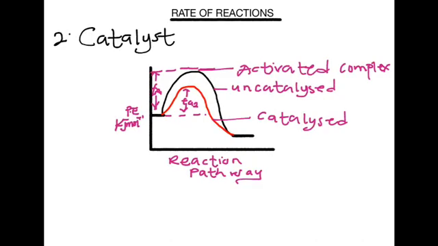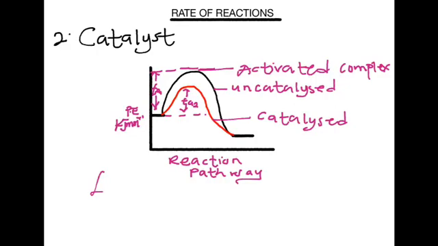With the first one, you notice that we have an activation energy of EA1 for the uncatalyzed pathway, and an activation energy of EA2 for the catalyzed pathway, which is in red. So you realize that the activation energy for the first one is high.